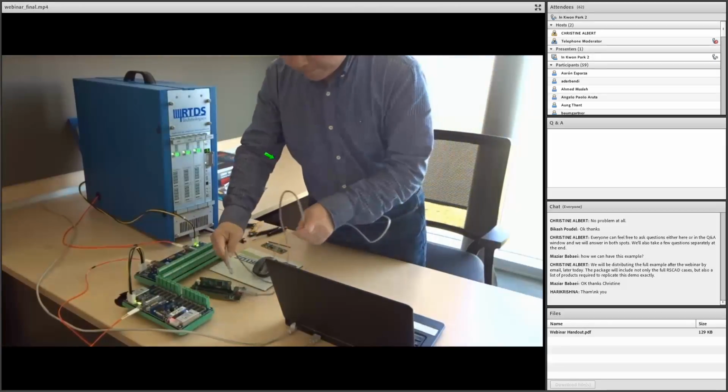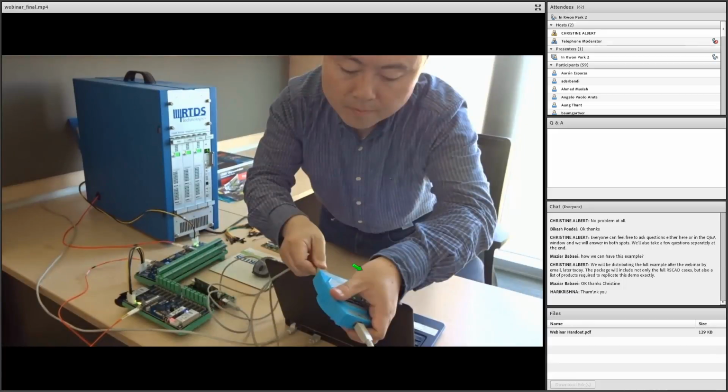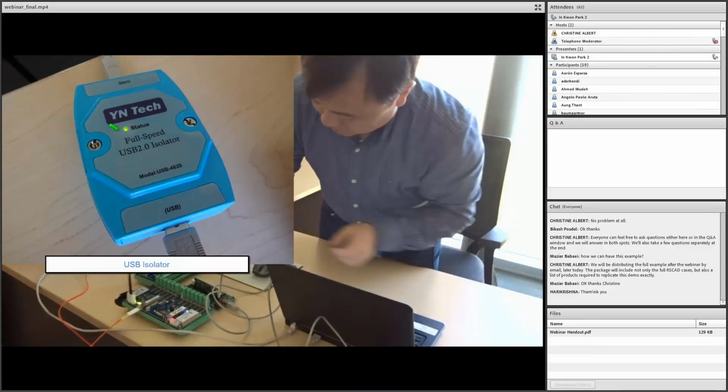And this is the USB isolator. In order to protect your laptop computer from the controller, I would recommend using an isolator like this. Of course, even without this isolator, you can make the connection between your laptop computer and the controller. But just in case something happens at your controller, without the isolator your laptop computer may get damaged.